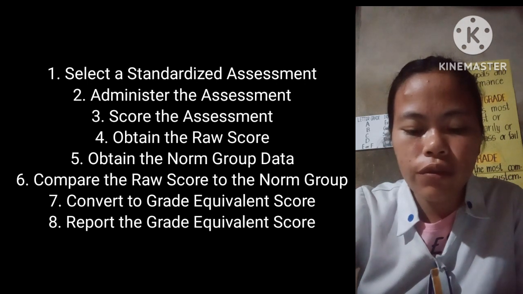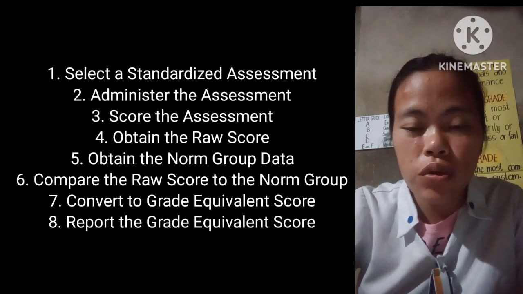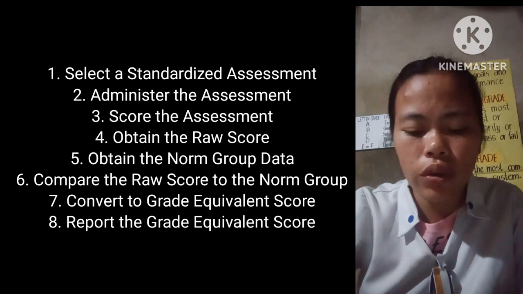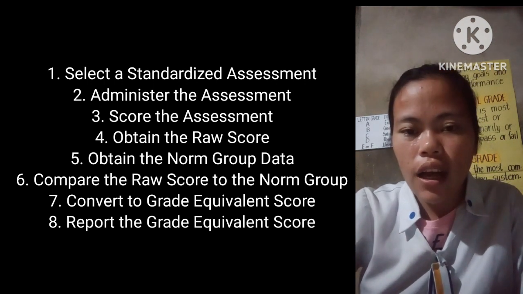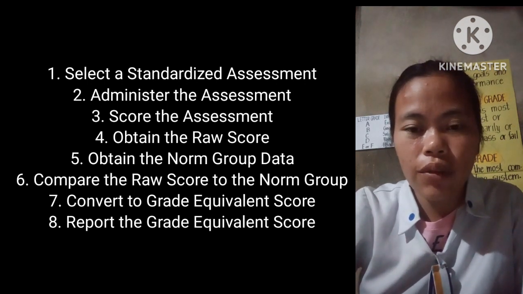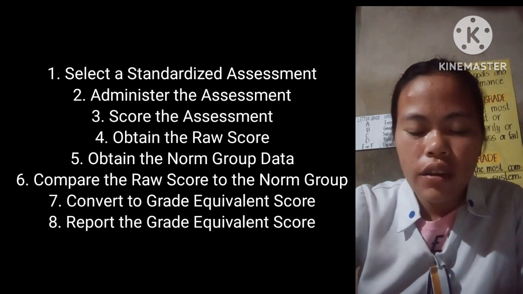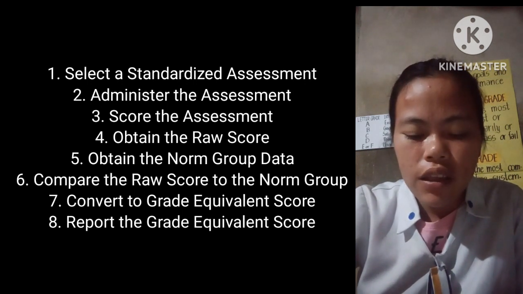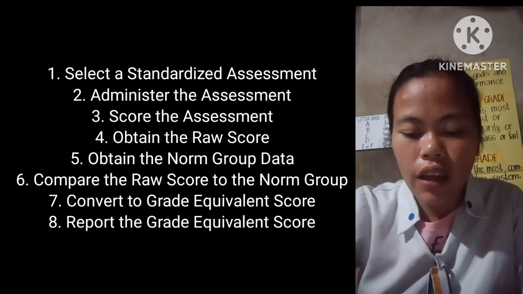Calculate the raw score for each student by summing up the points or correct answers they achieved on the assessment. So, kuhaon gihapon nimo ang raw score because it is very important to compute the ilahang grade equivalent. So, fifth step is obtain the norm group data.